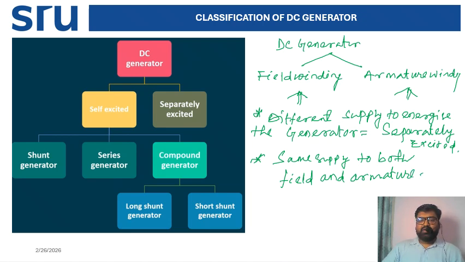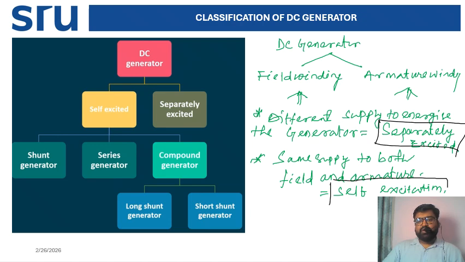That is known as self-excitation. So based upon the supply, one type is separately excited and one is self-excited. You can see here self-excitation and separate excitation.